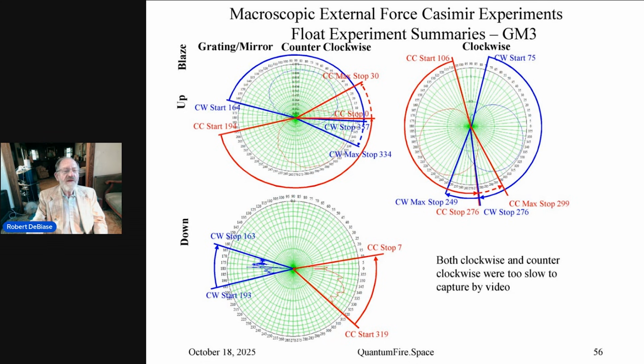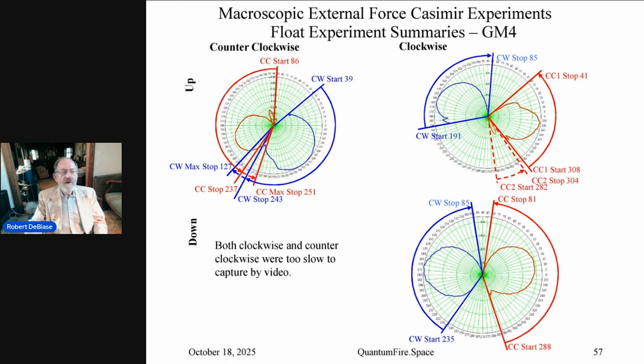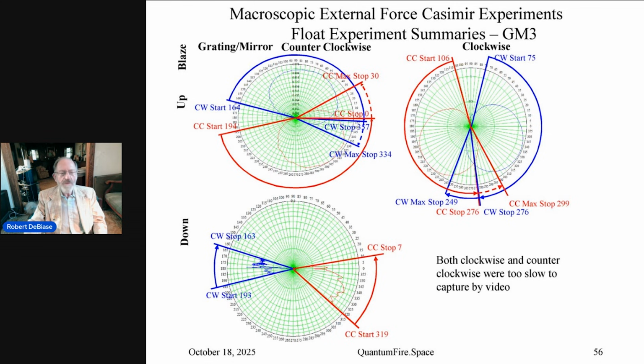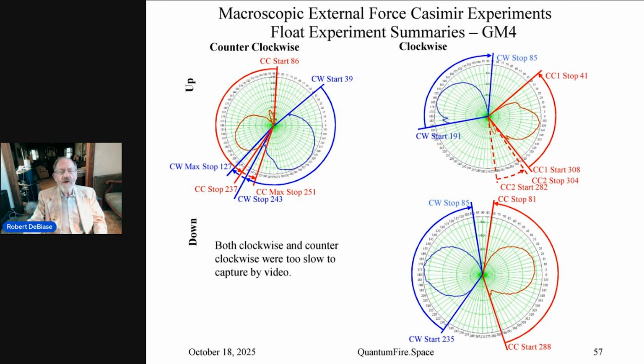And then you have blaze up and blaze down. And so there's considerable difference here, including one block here with no clockwise or counterclockwise rotation that could be detected with the video. And the last one was for GM3. So this is the same thing for GM4. A lot of differences depending upon the configuration.